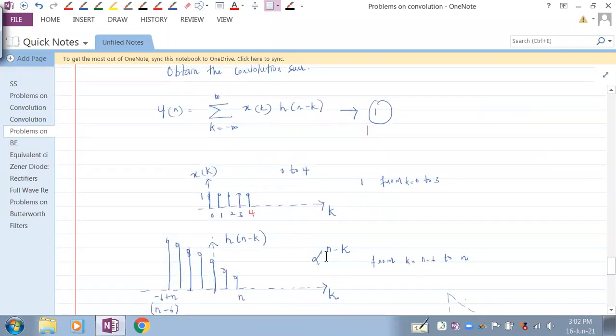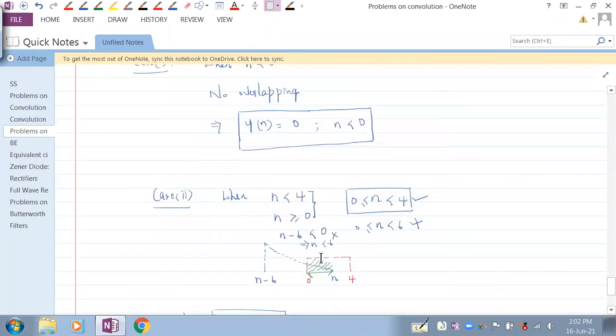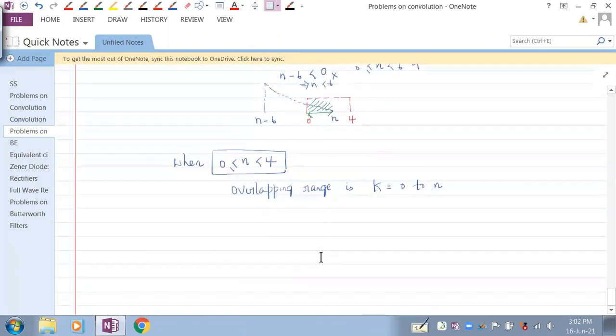So equation number 1 would imply that y of n would be equal to summation, with k ranging over the overlapping range 0 to n, alpha power n minus k.